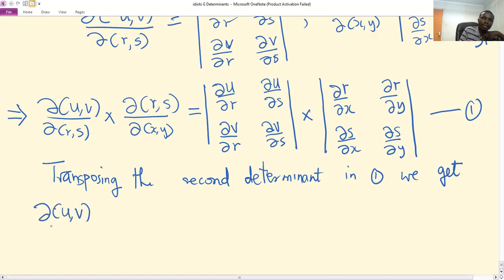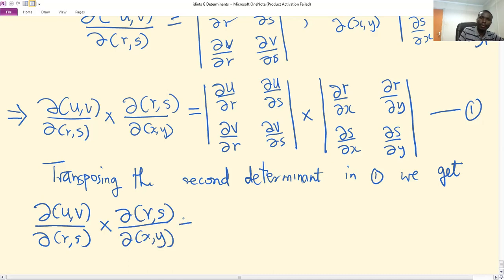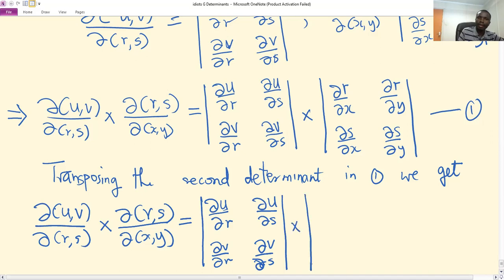We get the Jacobian of U, V with respect to R, S times the Jacobian of R, S with respect to X, Y equals the determinant partial U partial R, partial U partial S, partial V partial R, partial V partial S, times the determinant partial R partial X, partial S partial X, partial R partial Y, partial S partial Y. This is the determinant of the transpose of that determinant.